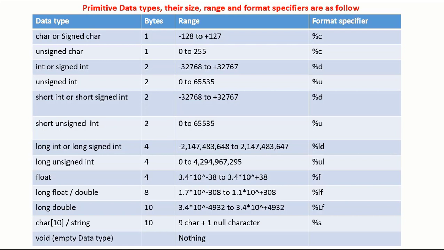These are data types which come under primitive data type, nothing but majorly used data type. So here signed and unsigned are sign qualifiers, short and long are size qualifiers.